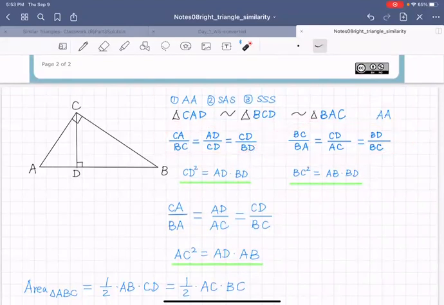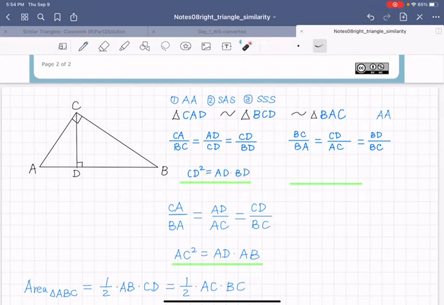Look at here, Valeria. Do these two equal? Yes. So cross multiplication, what conclusion do you have? This one squared equals? CD squared equals AD times BD. Very good.